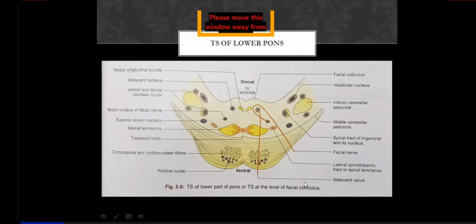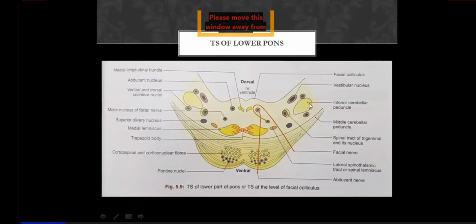This is abducent nerve, right? This one. So here what you're seeing is the fourth ventricle, this dorsal aspect. This is the floor of the fourth ventricle. This is the ventral portion, the basilar portion of the pons, right? And you also know that to the pons, the cerebellum is attached with the help of middle cerebellar peduncles, right?